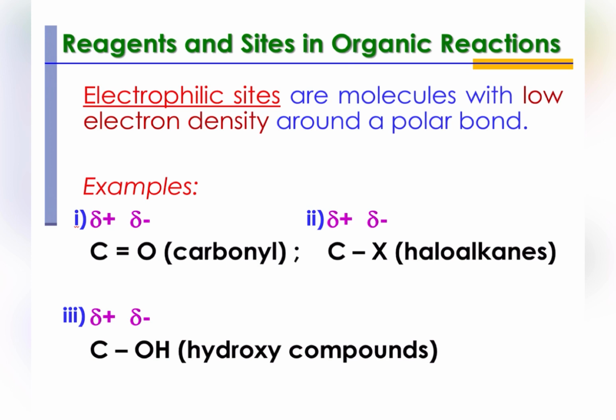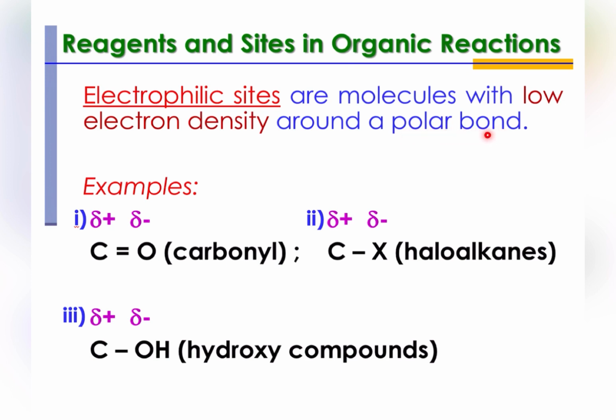The first thing you have to understand is how to identify whether the molecules given act as an electrophilic side or a nucleophilic side. So, in order for you to understand that, we are going to go one by one. For the electrophilic side, there are molecules with low electron density, and what you should look at is the presence of a polar bond.